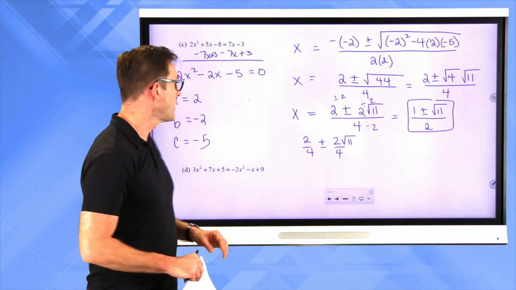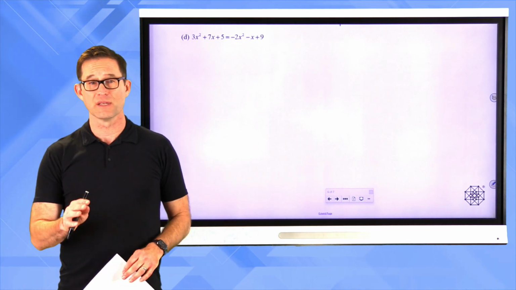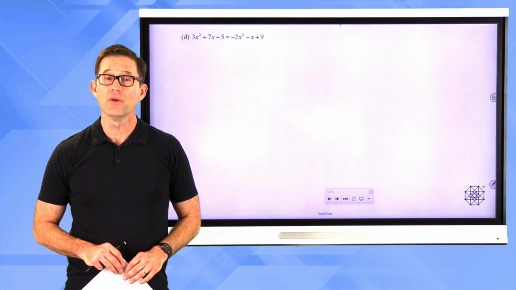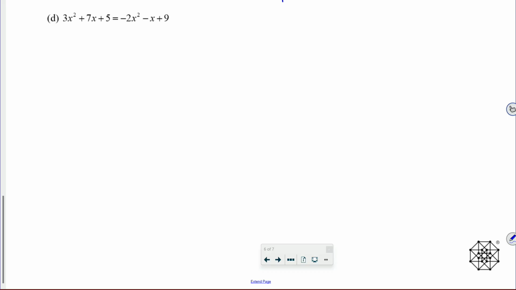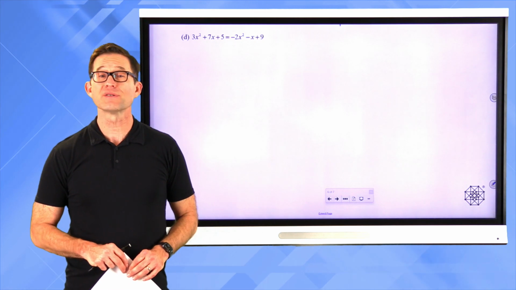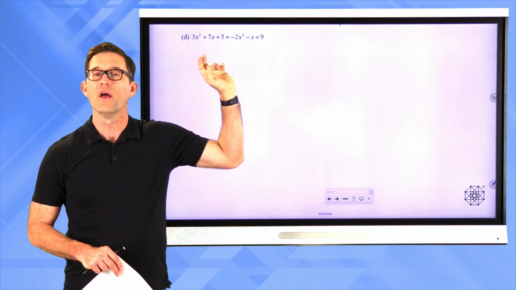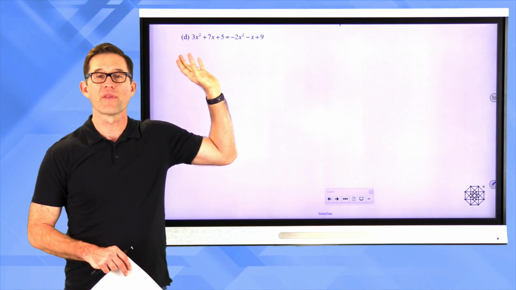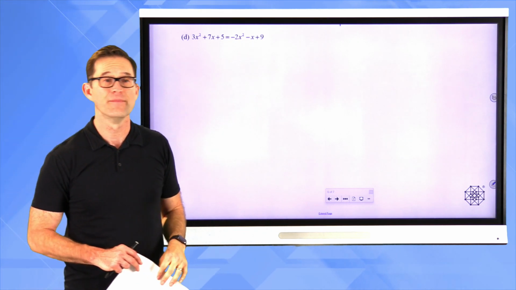All right, what I'd like you to do in the last problem, letter D, is rearrange it so it's equal to 0, and then work it out using the quadratic formula. All right, so the first thing I want to do, I've got a 3x squared here, I've got a negative 2x squared there, so I'm going to move all of this over to the other side by adding a 2x squared, adding an x, and subtracting a 9.